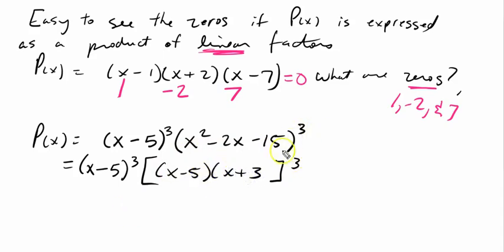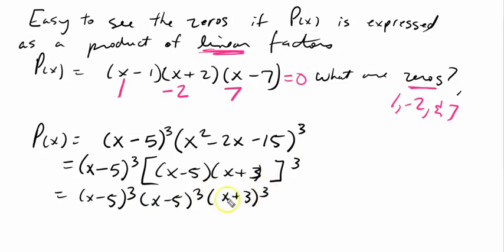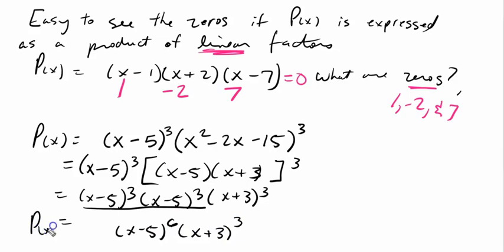But we've got this power on the outside, and so this will apply to each thing inside here. And then I can combine those. That's going to be x minus 5 to the 6th power times x plus 3 to the 3rd power. Now I've got linear factors, and now it's easy to see the zeros.